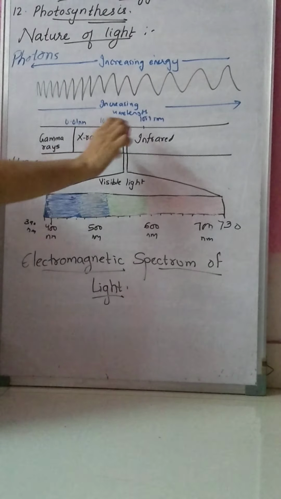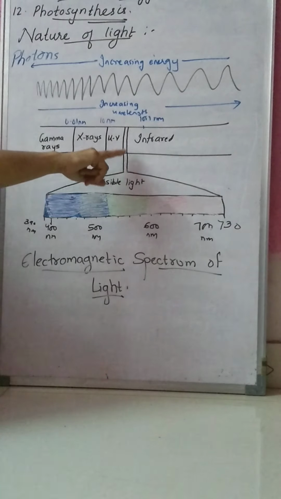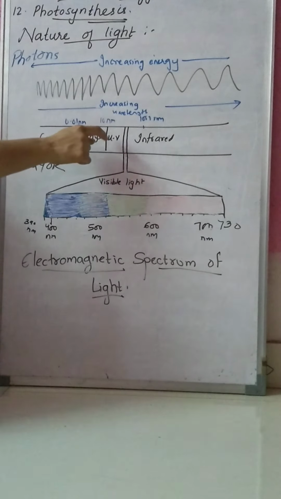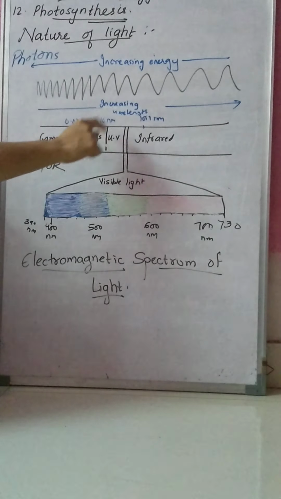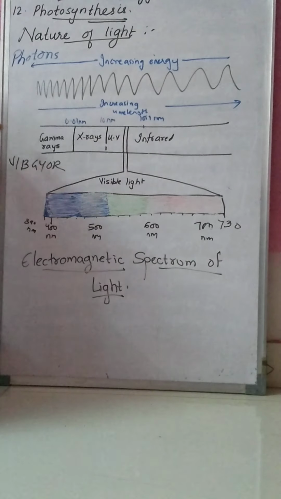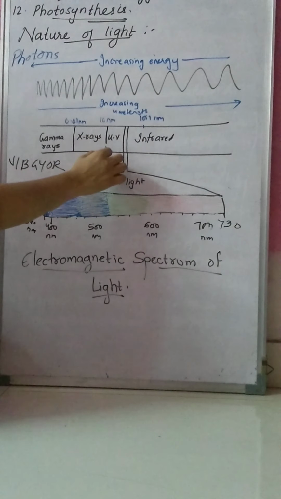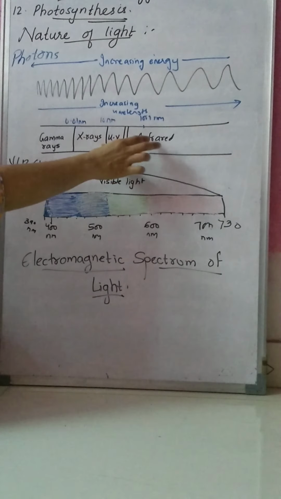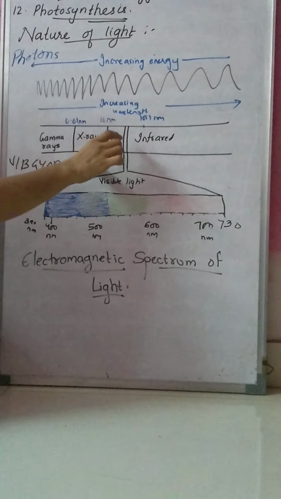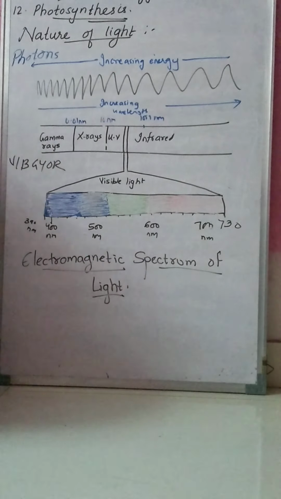And if you see, this visible light lies between the wavelengths of ultraviolet and infrared. You can see the range given here, wavelength from 10 nm to 1000 nm.